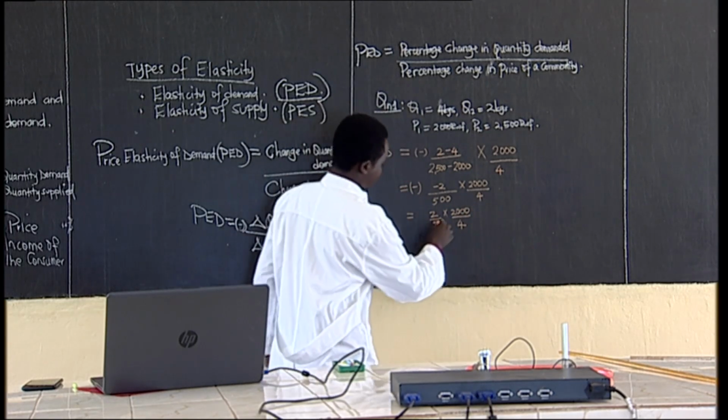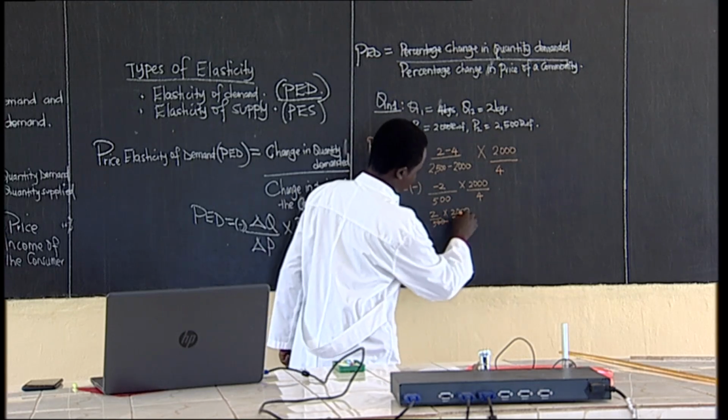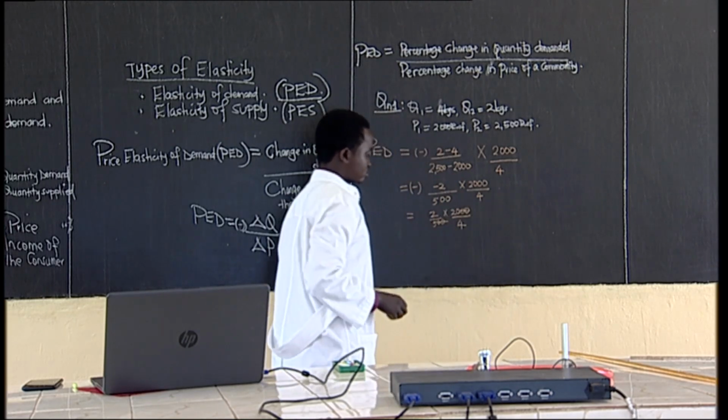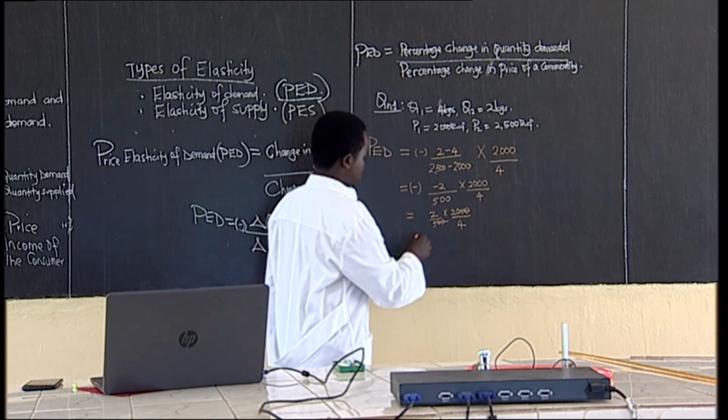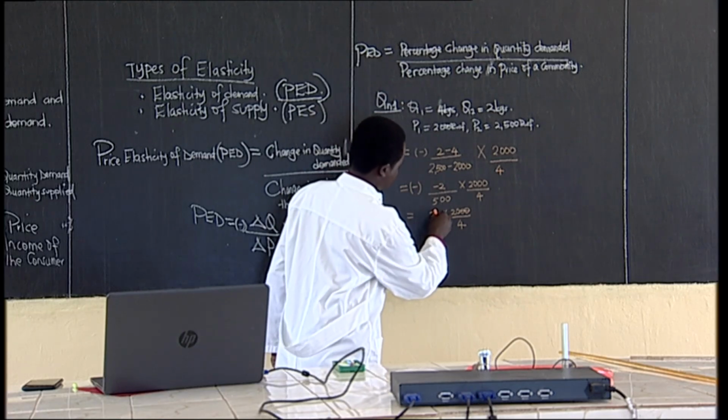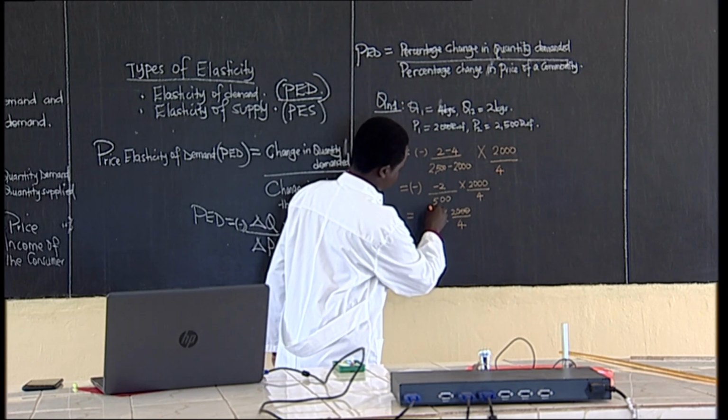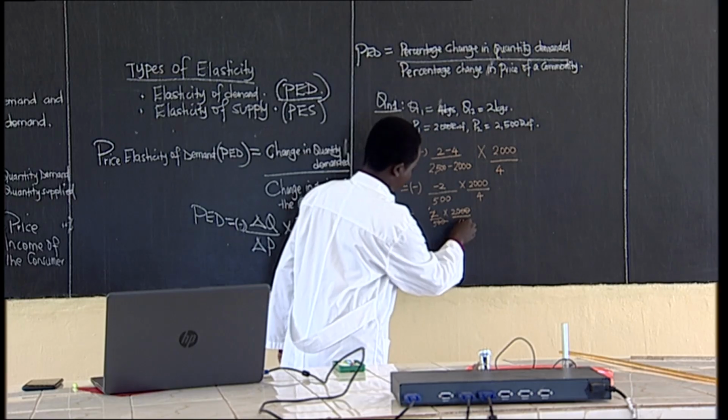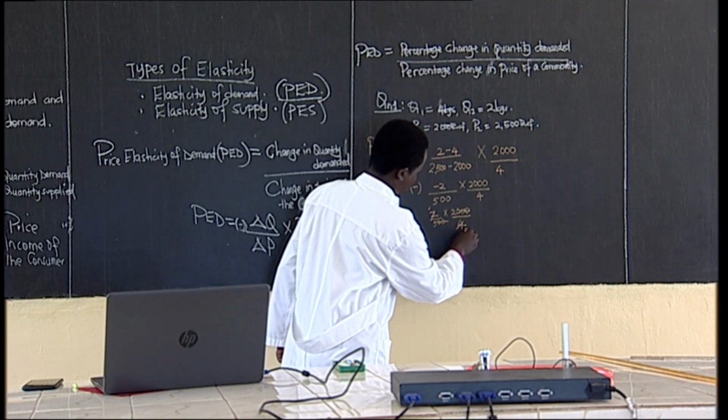Now we can simplify our equation. The 2 zeros, you can cancel them. Then 2 by 2, you get 1. By 2, you get 2.